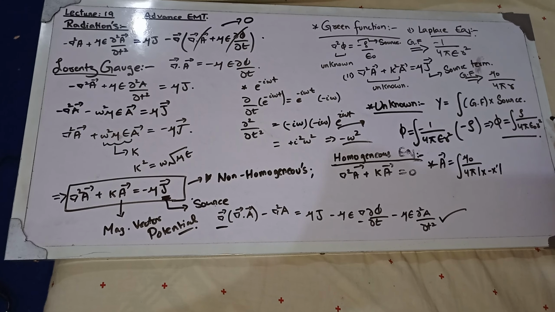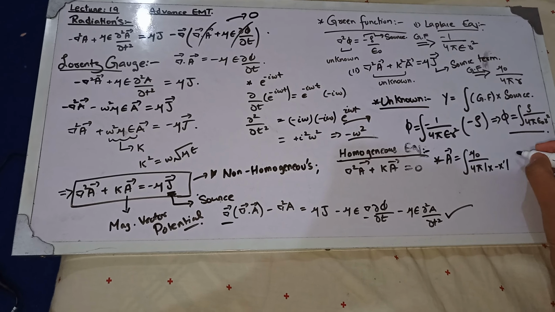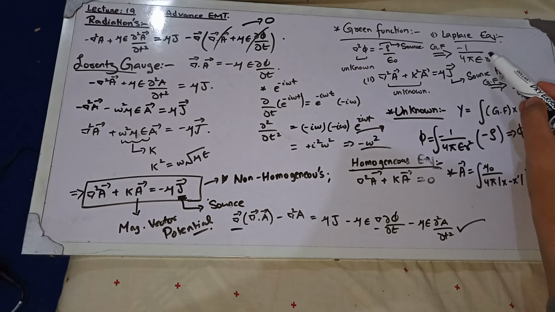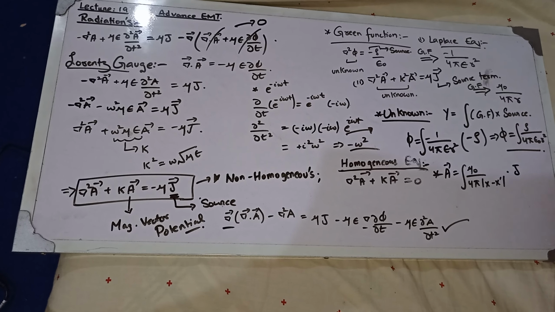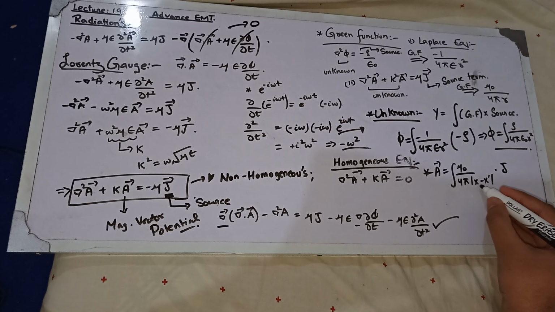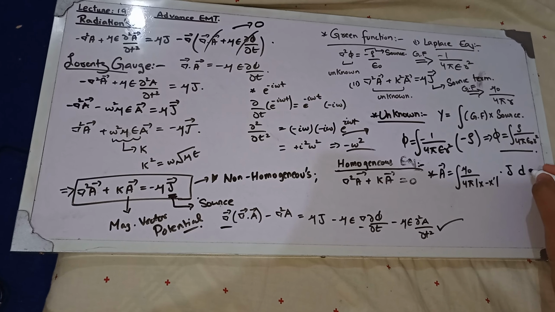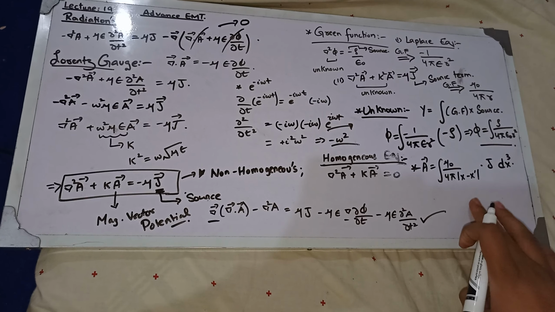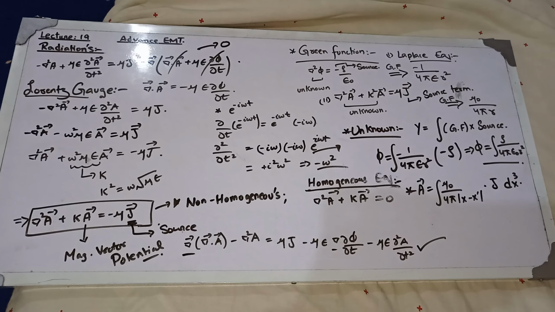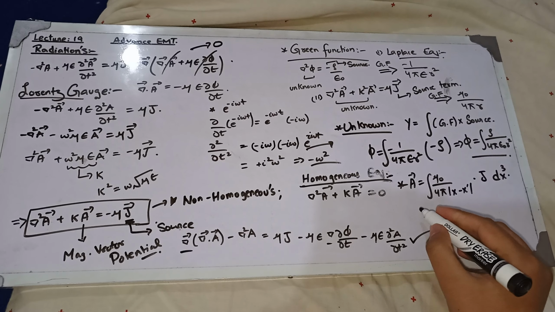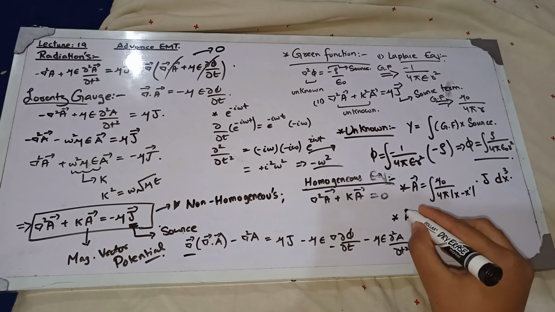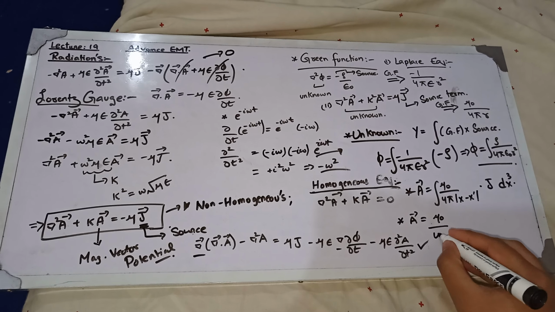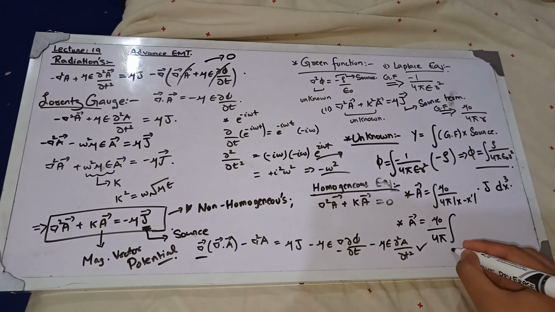Okay, this position can be written as x minus x prime, multiplied by the source term, and in this the source term is this J, because I take x minus x prime, so it has to be integrated over dx cube. Okay, so you can see here that we take the common factors outside, because mu naught and this 4 pi are constants, so we have to integrate over the volume.